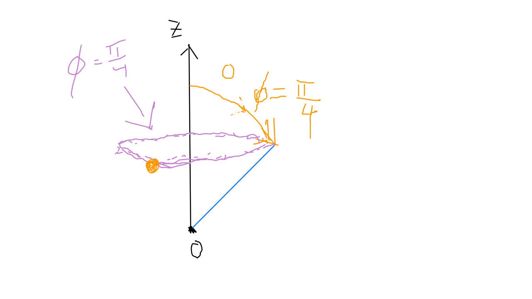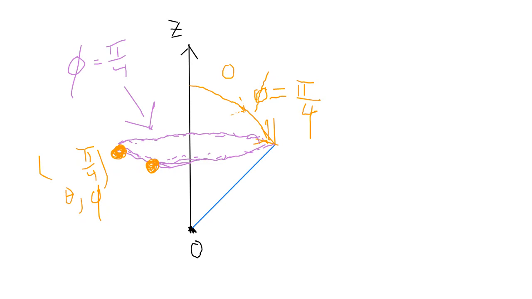Let me ask you this, what would this point be over here? I want to be a little careful here. If I were to define theta and phi here, we know phi is pi over 4.